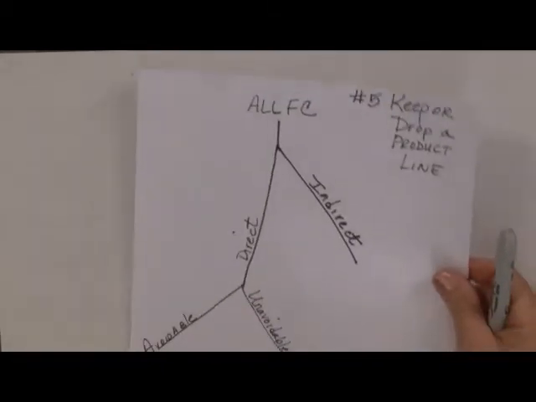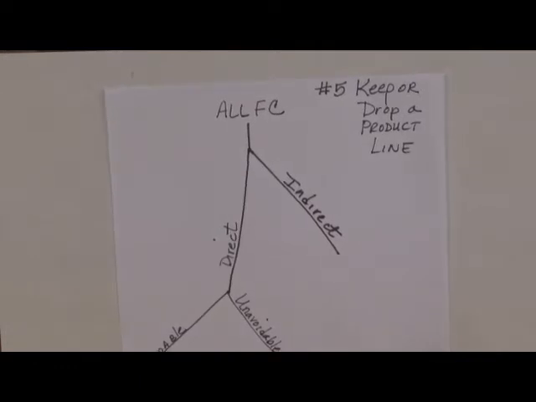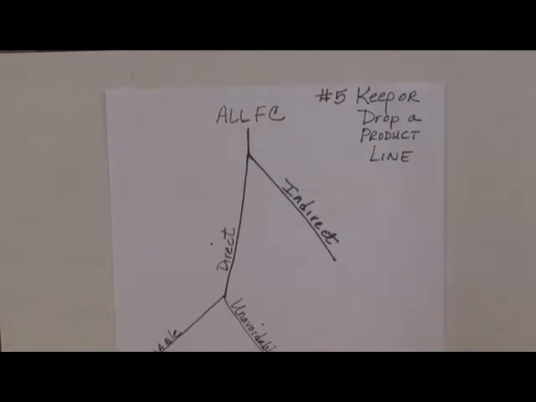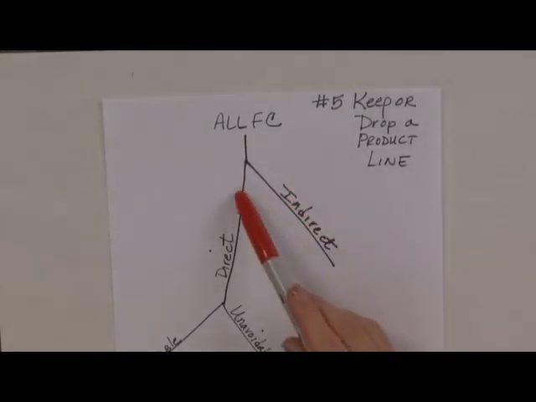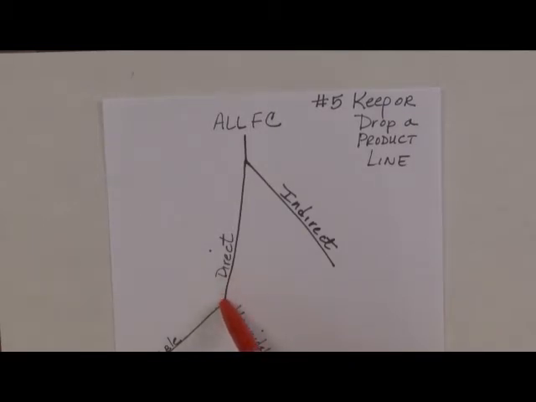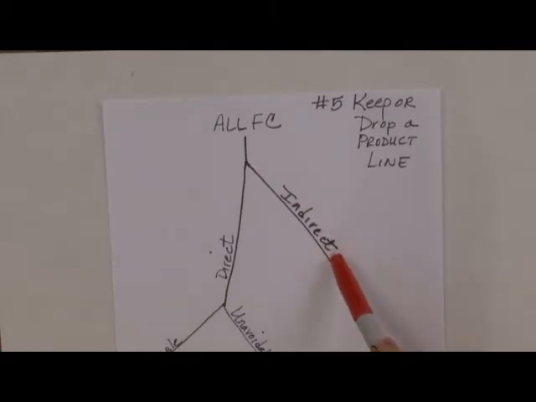As we learned last time, if we're going to make the decision to keep or drop a product line, what we have to do is look at all fixed costs and decide which ones are direct, which means direct, which can be traced to this department that we're considering dropping, or indirect, which means these would be allocated costs that are shared among all product lines or departments.